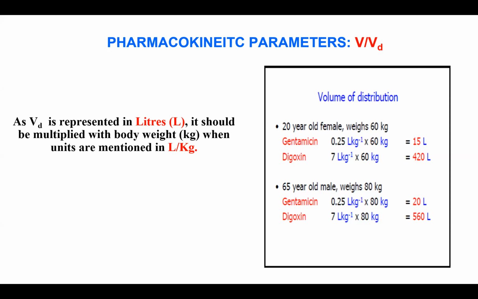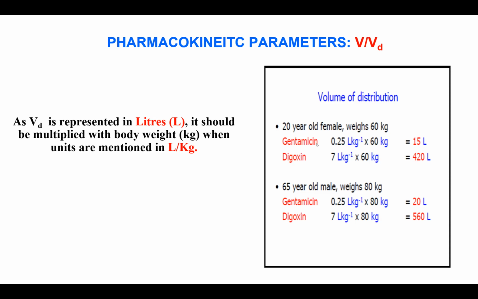If we want to know the volume of distribution, we can just multiply the liter per kilogram by the weight of the patient. We will get the volume of distribution. So we can approximate how high the protein binding of our drug is and how quickly it penetrates tissue.